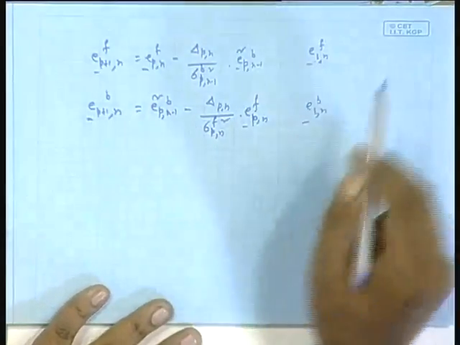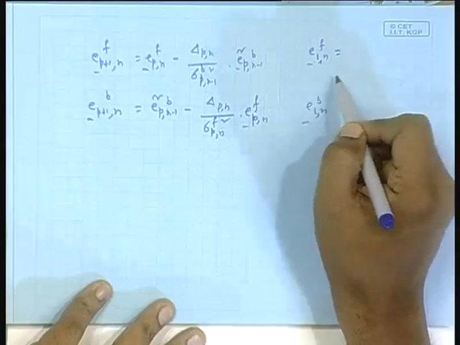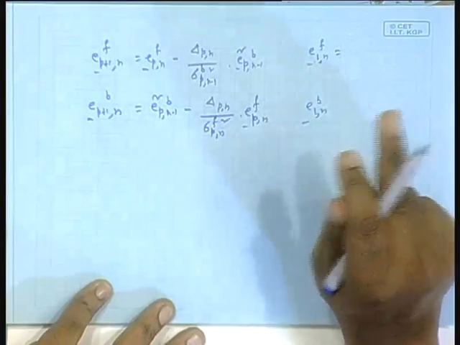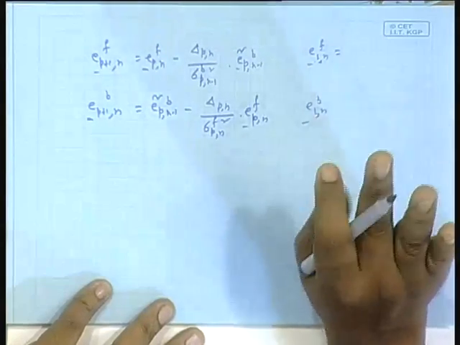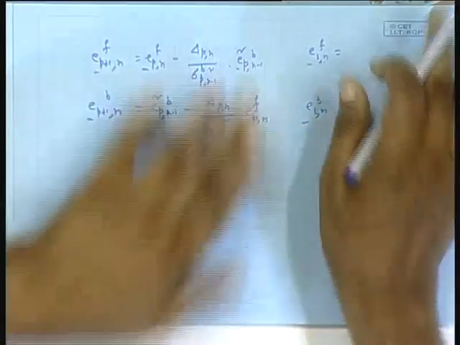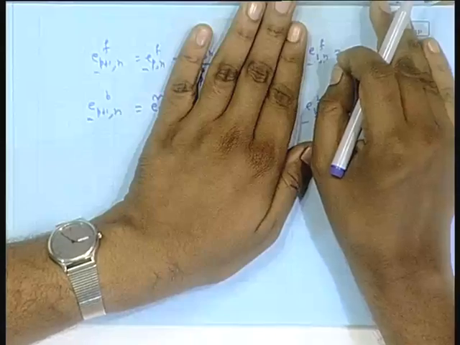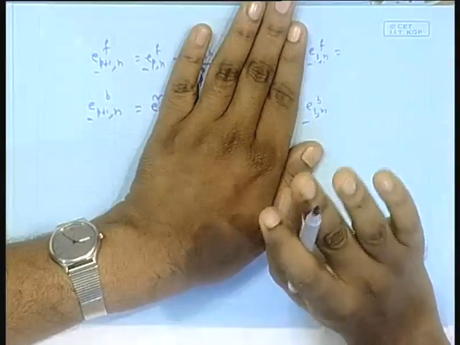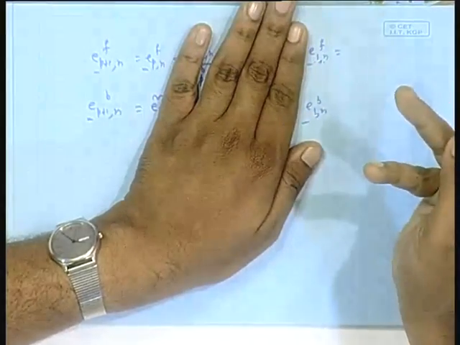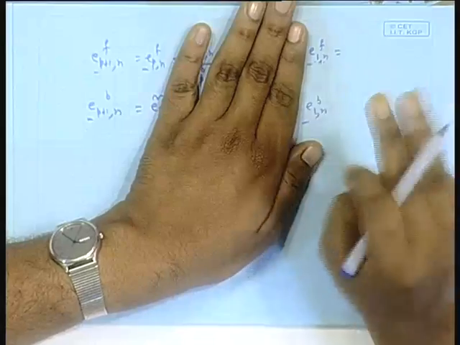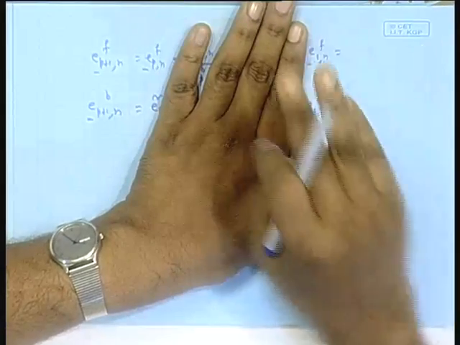Now, E 1 f n, what is E 1 f n? X n projected on Z inverse x n and the error, isn't it? E 1 f n means what is the subspace? Spanned by Z inverse 1 x n, that is that value only. On that I am projecting x n, taking the error.